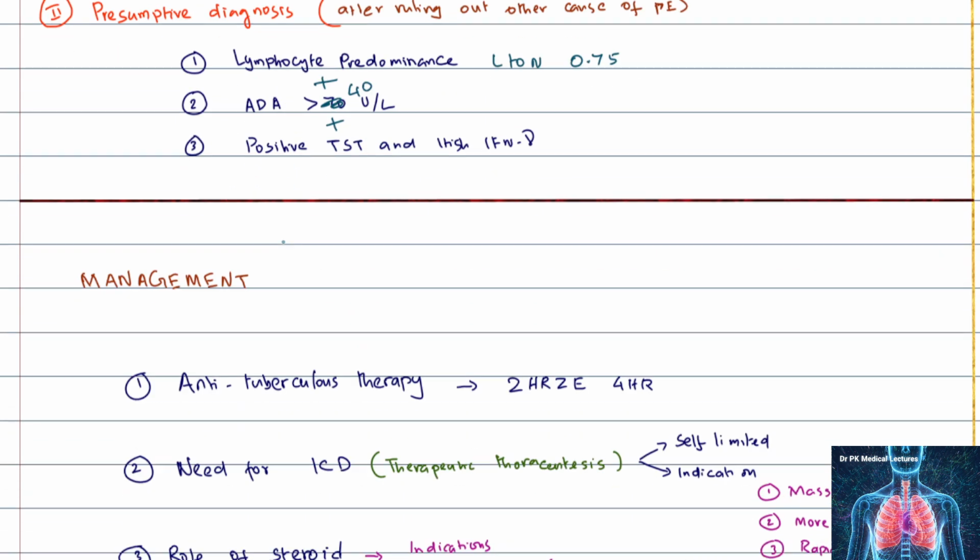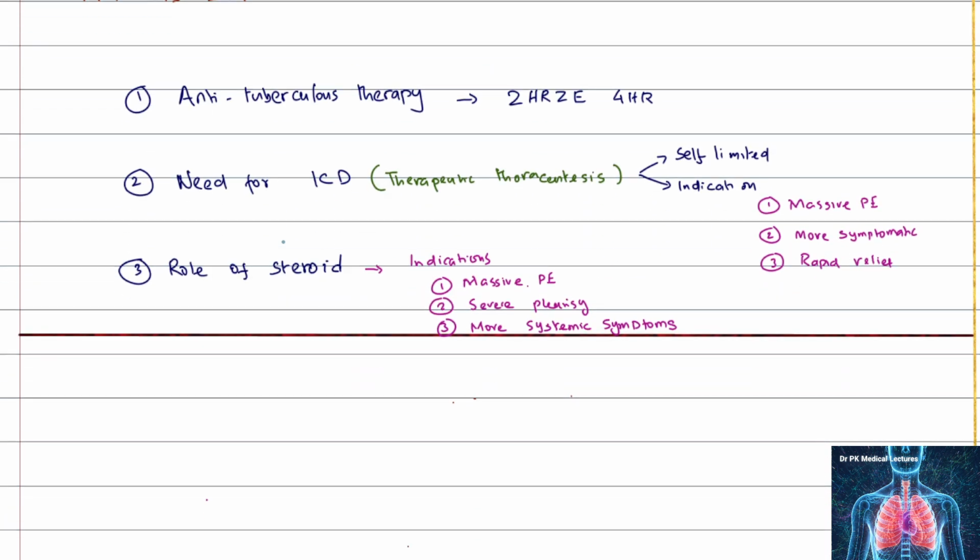Next, we move on to management of tuberculous pleural effusion. Tuberculous pleural effusion is treated with anti-tuberculous therapy similar to pulmonary tuberculosis: 2 months of intensive phase with isoniazid, rifampicin, pyrazinamide and ethambutol, and 4 months of continuation phase with isoniazid and rifampicin.